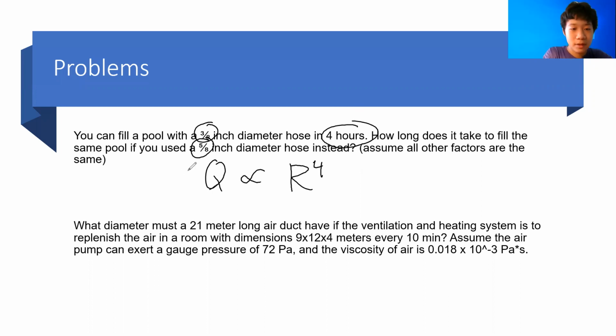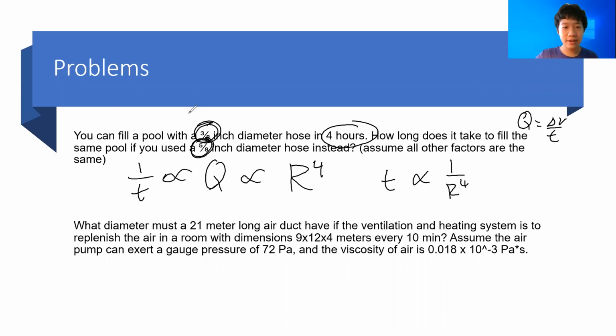Q is proportional to 1 over time, because Q is equal to volume over time. So time is proportional to 1 over r to the fourth. So the ratio of the times is the reciprocal of the ratio of the radii to the fourth power.